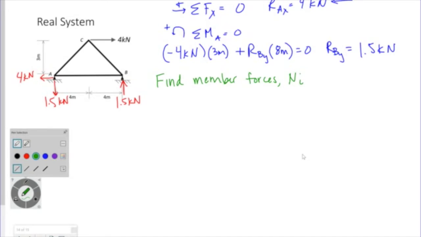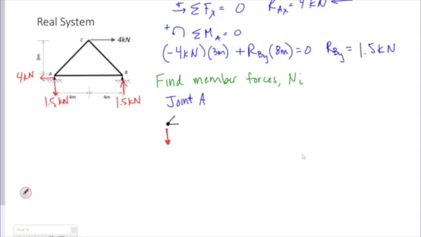Look at joint A. I've got 1.5 kilonewtons and 4 kilonewtons.